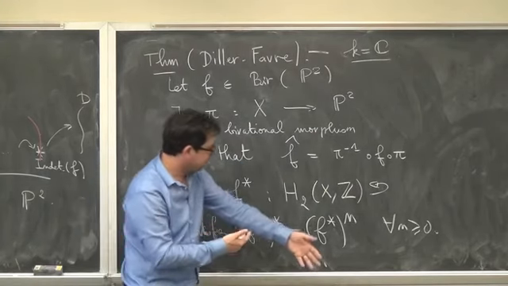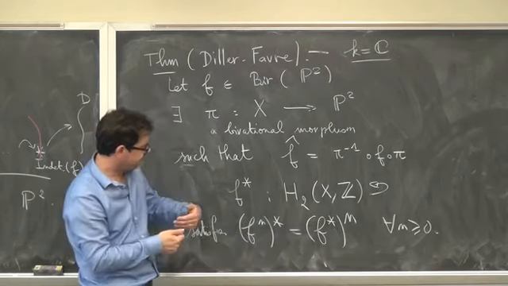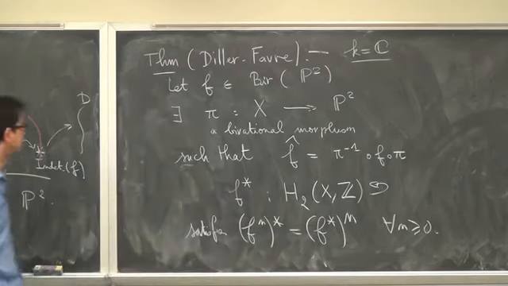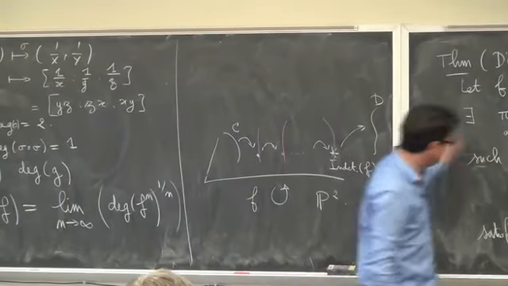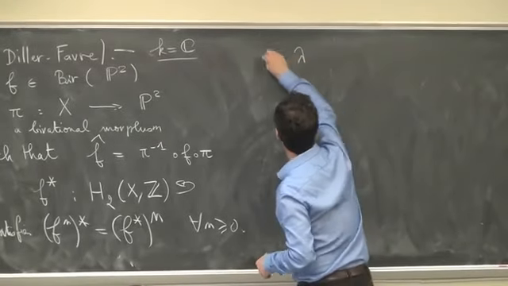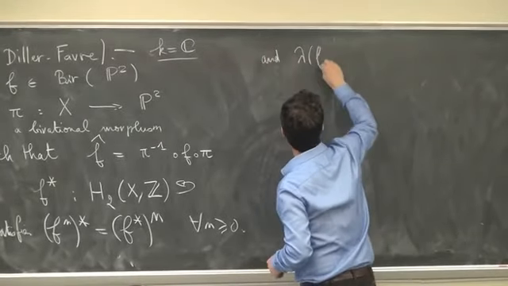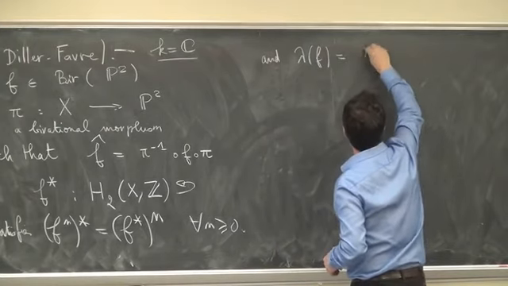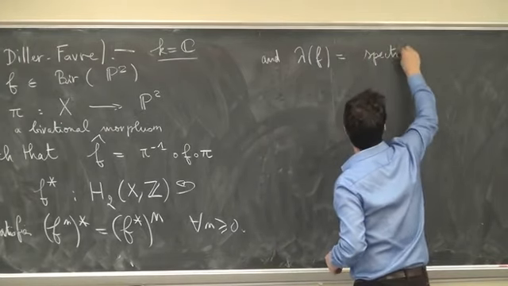So if you iterate the map and look at the action on homology, or if you look at the action on homology and iterate, you get the same. And then on this surface, the dynamical degree is just the spectral radius.